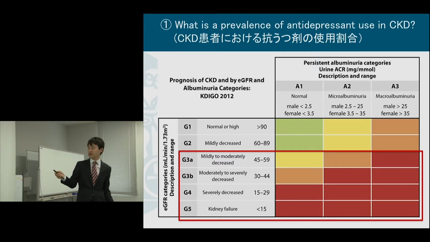According to this classification, the row is based on blood test, and the column is based on urine test. My research was focusing on this group. These days, reviewers tend to ask, how about microalbuminuria or urine test?